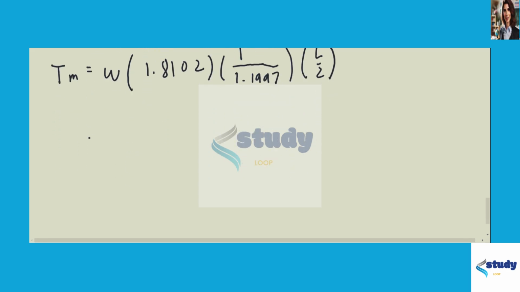And then we can rewrite this as 0.755 times the weight per unit length times the length L.